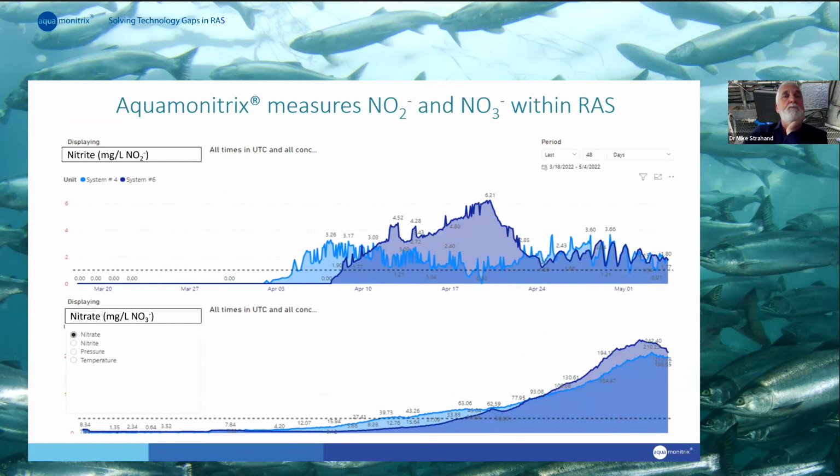So the units are parts per million or milligrams per liter as nitrite. The biggest peak I can see there is 6 ppm. But the purpose of this graph is really to show that even though these two systems were in theory identical, one of them started to exhibit a nitrite issue.